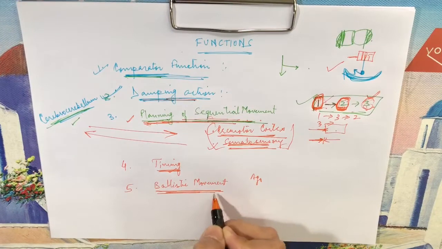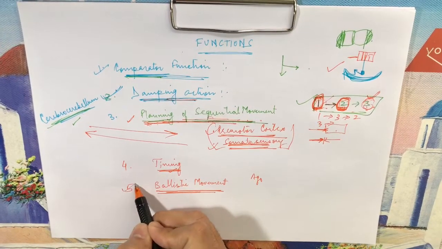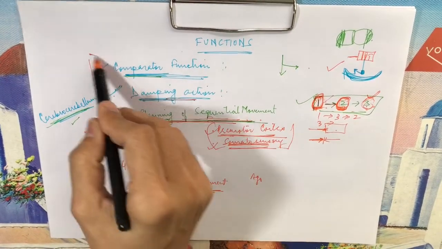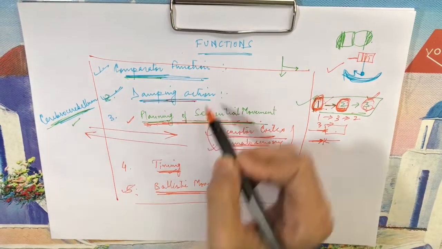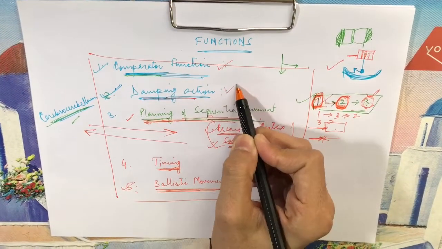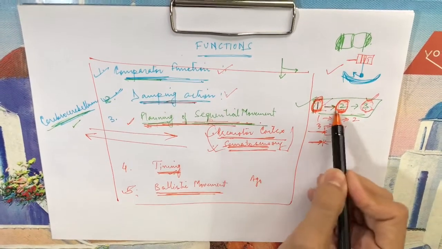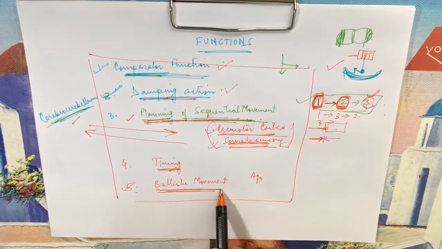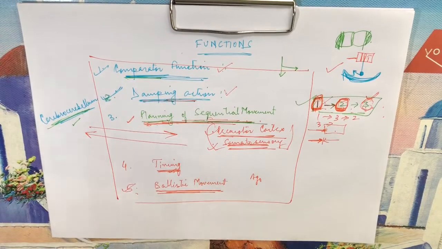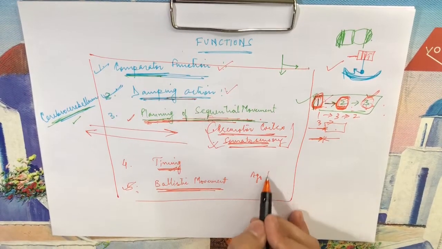So, that is also a function of the cerebellum. So, 5 major functions we can say. One is comparator, second is damping, third is planning of the sequence, fourth is timing of those planned sequences, and fifth is ballistic, continuous, rapid agonist and antagonist muscle action.